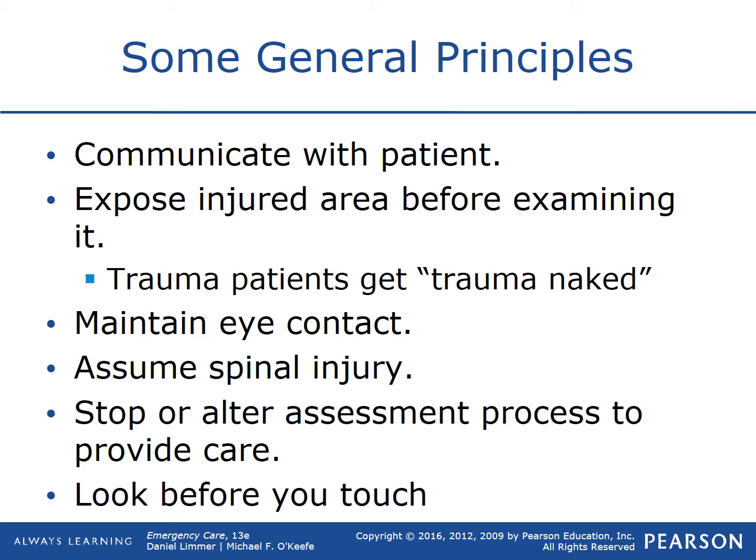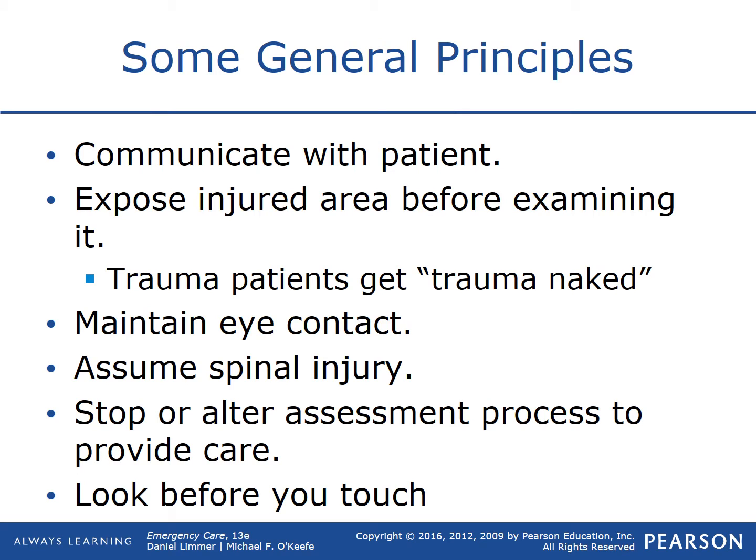And always, worst case scenario, assume spinal injury. If a patient's unresponsive just lying on the ground, assume worst case scenario that the patient is unresponsive due to a traumatic injury, unless you can be definitive otherwise. If you find anything that is life-threatening during that assessment, you need to intervene and control that before you go on.